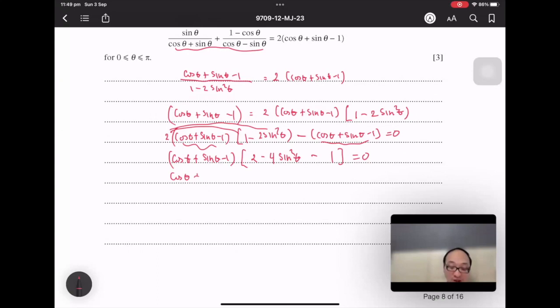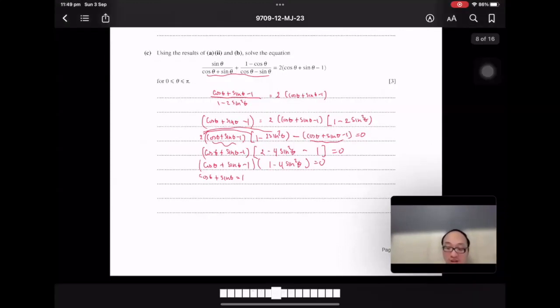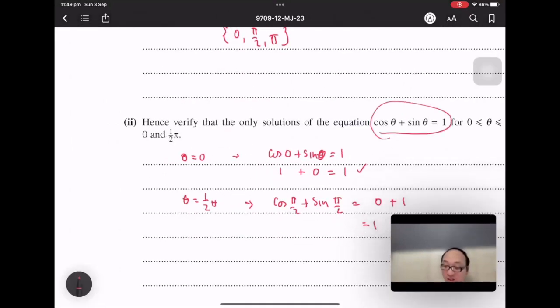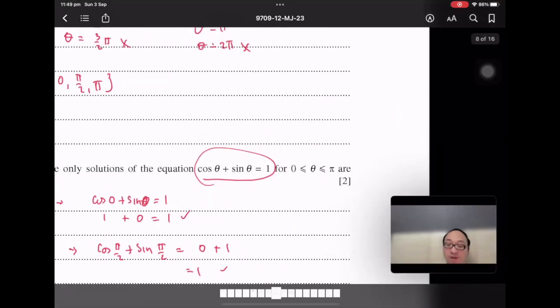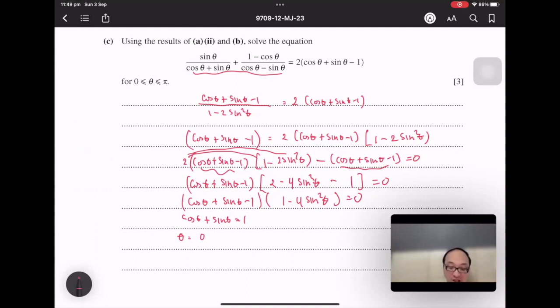So (cos theta plus sin theta minus 1) times (1 minus 4 sin squared theta). From here, cos theta plus sin theta equals 1. This one has solutions 0 and half pi. So the solutions are theta is 0, theta is half pi.